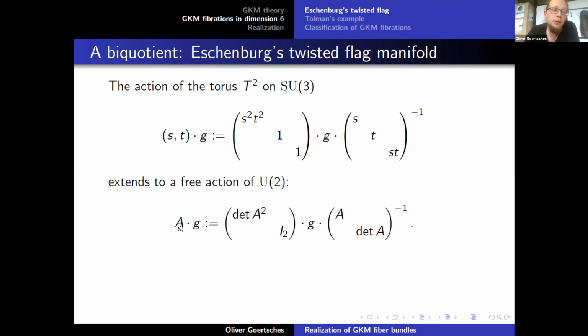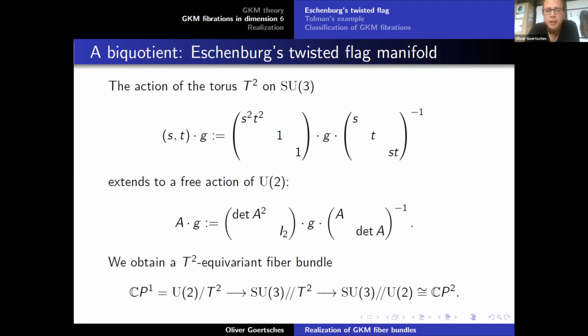How is this action defined? You take a matrix in U2 here, and you let it act in this way. When you put a diagonal matrix A here, with entries s and t, then you recover precisely the action from up here. Because the T2 action here is free, also this U2 action is free. We can look at the quotient with respect to this action, and we obtain a T2-equivariant fiber bundle here. So this space, the Eschenburg flag, in fact lives here as the total space of a CP1 bundle over CP2.